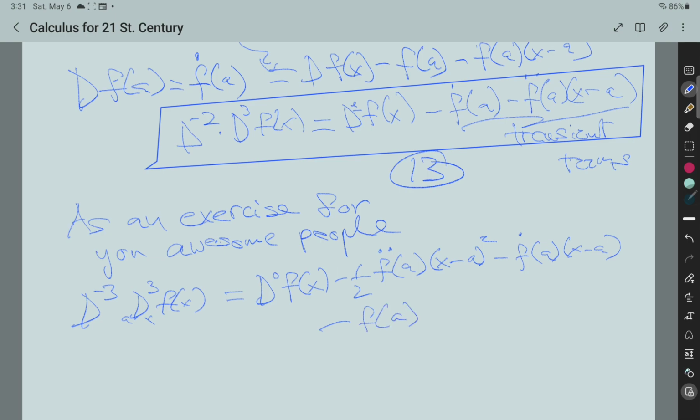Okay. So your exercise is to follow what I did up here and show that if you have this combination of the integrals and the derivatives, you're going to get an expression like this. Oh, I boxed it wrong.